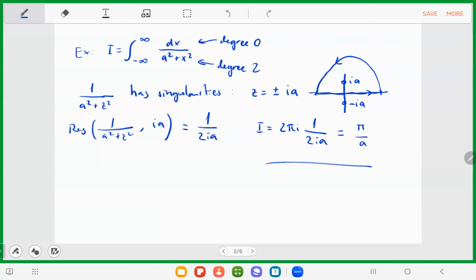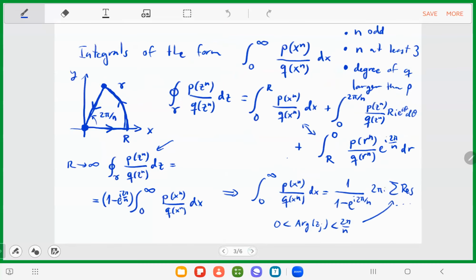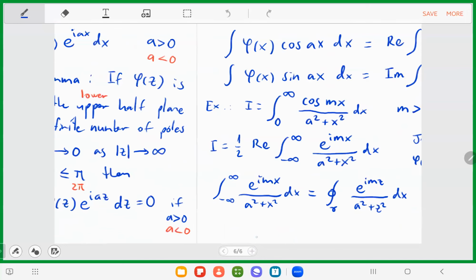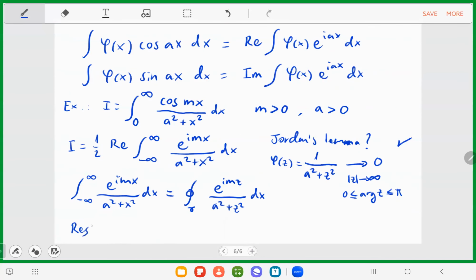Now, to calculate the residues, instead of 1 divided by a squared plus z squared, it's very important the residues has to be calculated with the total function. So we need to find the residues of the exponential of imz divided by a squared plus z squared at ia. ia is the only singularity inside the contour.